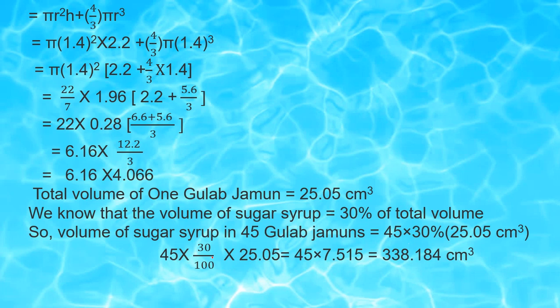Now we cancel out the 0 and 0, and also simplify the remaining terms. Multiplying by 3 we get 7.515, multiplied by 45, so it becomes 338.184 centimeter cube when we simplify it.